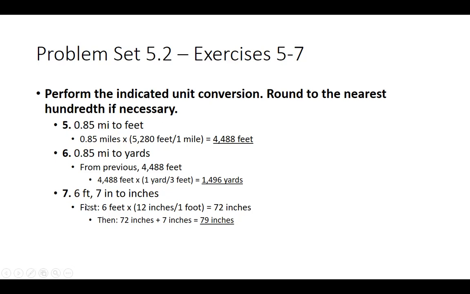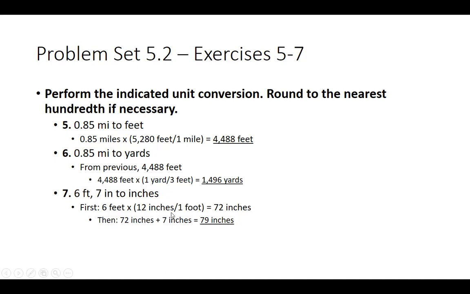In number 7, we're converting 6 feet 7 inches into all inches. So first we need to convert the 6 feet. 6 feet is what we start with. To cancel out feet, we need feet on the bottom. We need it to be in inches, so our conversion factor has inches on the top, and that conversion factor would be 12 inches over 1 foot.